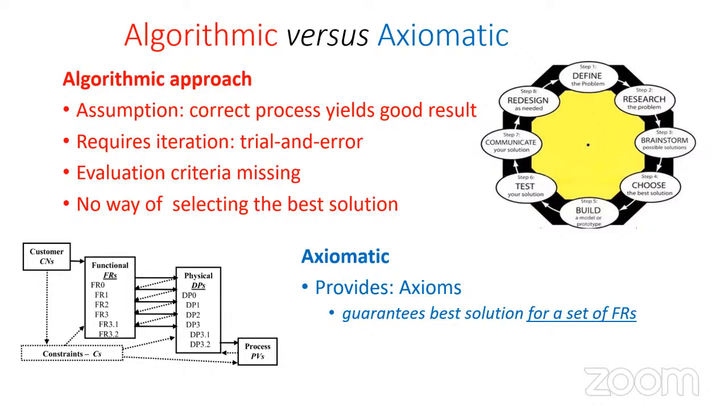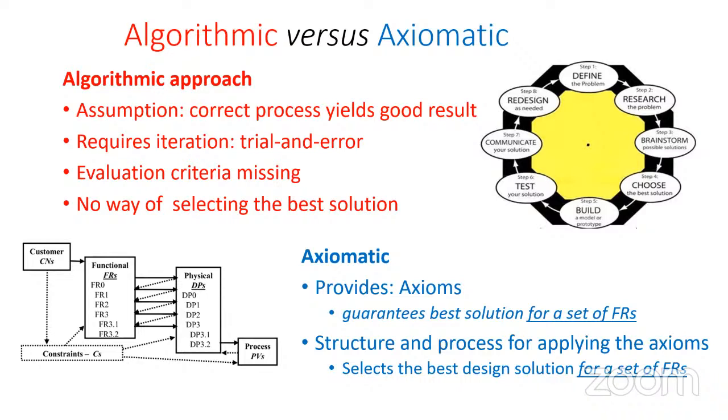When we think about the functions that a design needs to accomplish, and we get a set of those, then we can start looking for physical solutions. If we don't have the functions well defined first, then we haven't stated the problem properly. Anyway, it gives the best solution for a set of functional requirements, and it gives us the structure and process for applying the axioms.